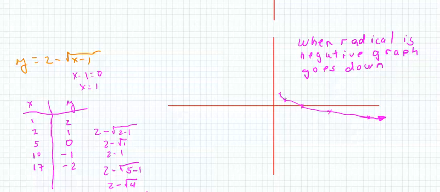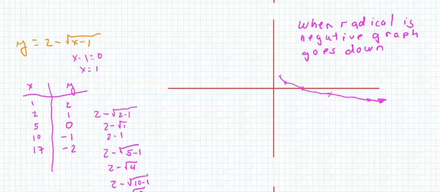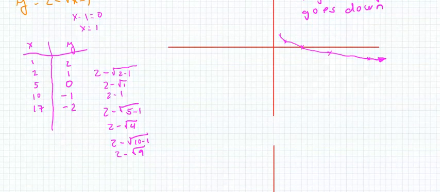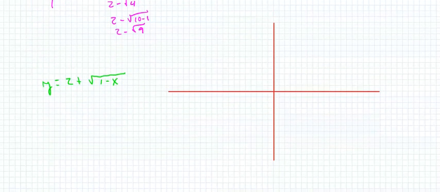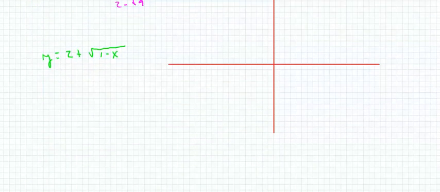Over 1, down 1. Over 4, down 2. Over 9 from the starting point, down 3. Over 16 from the starting point, down 4. Exact same idea.